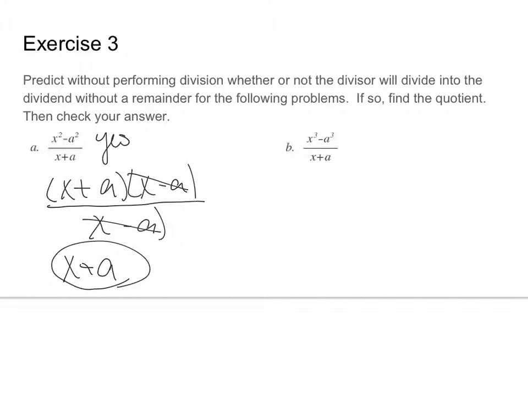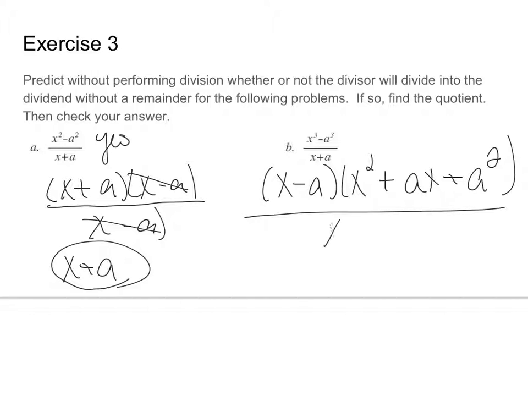X cubed minus a cubed factors out into x squared plus ax plus a squared over x plus a. I cannot factor this one any further, and these don't cancel. So if I did the long division, that wouldn't work.